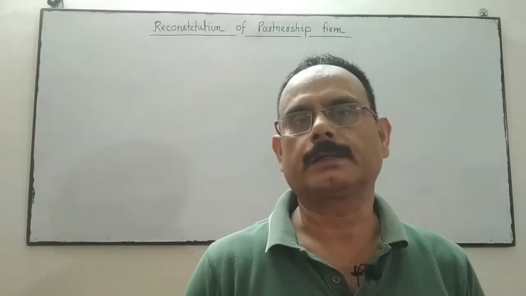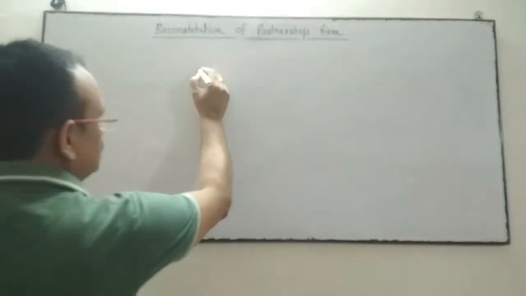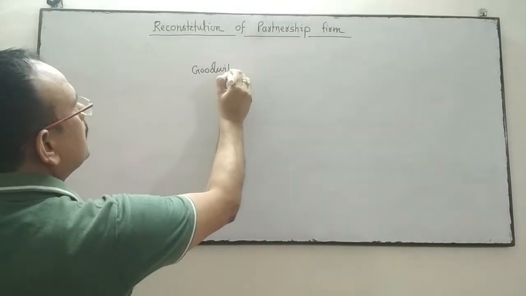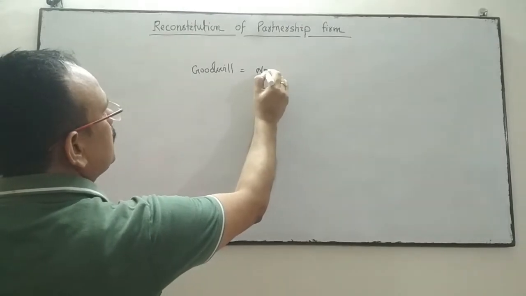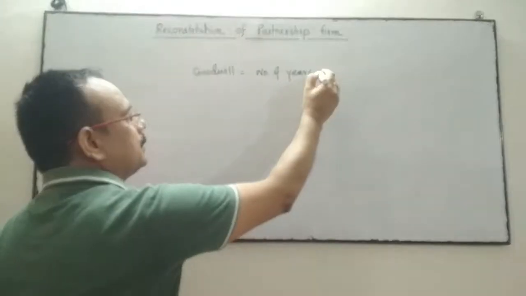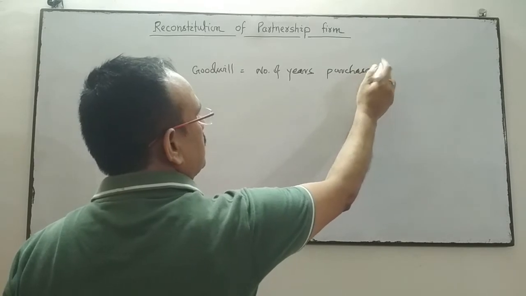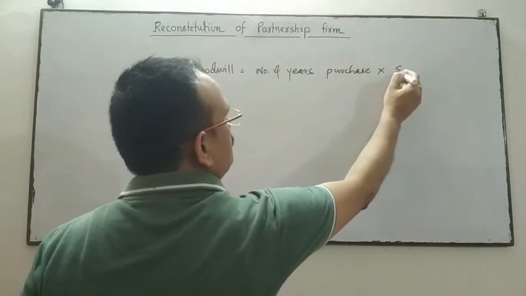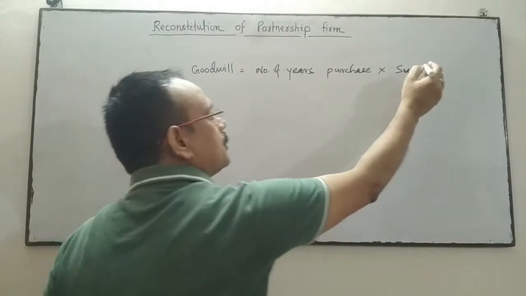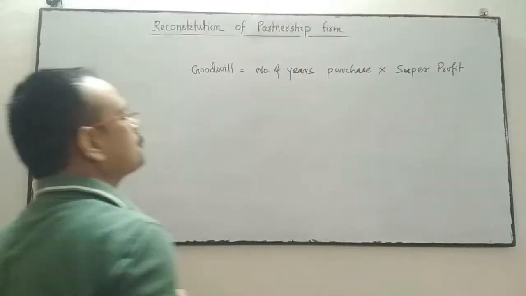Under the super profit method, goodwill is calculated this way: Goodwill is equal to number of years purchase into super profit. Number of years purchase into super profit.